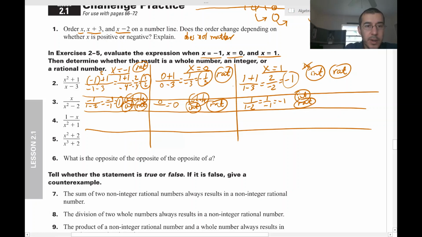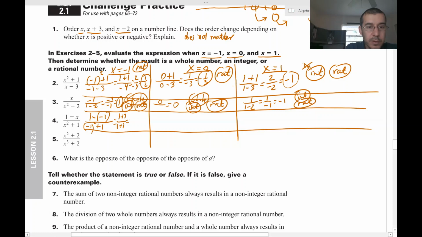Number 4, when x is minus 1, you have 1 minus, and for x we're substituting minus 1, over minus 1 squared plus 1. Minus and minus is plus, so this is 1 plus 1 over minus 1 squared, which is minus 1 times minus 1, or just 1, so 1 plus 1.